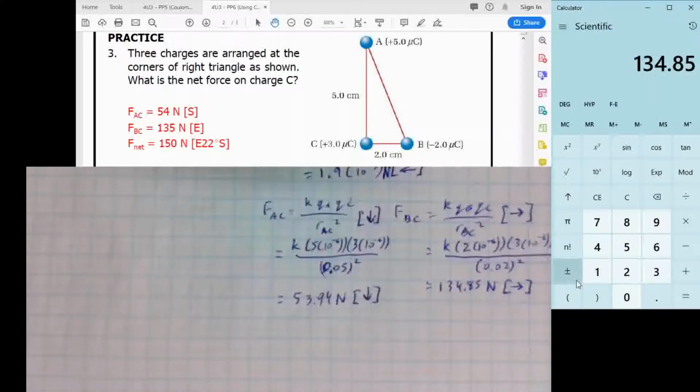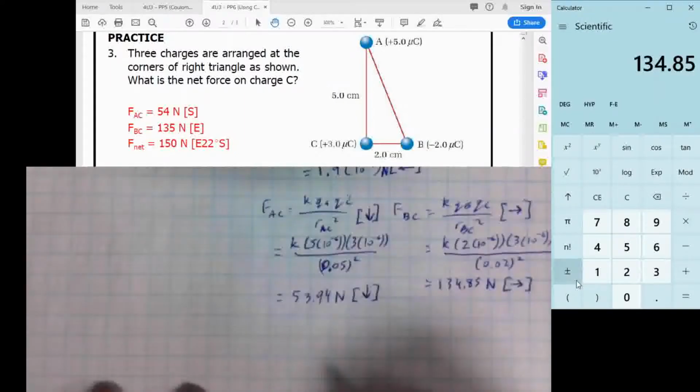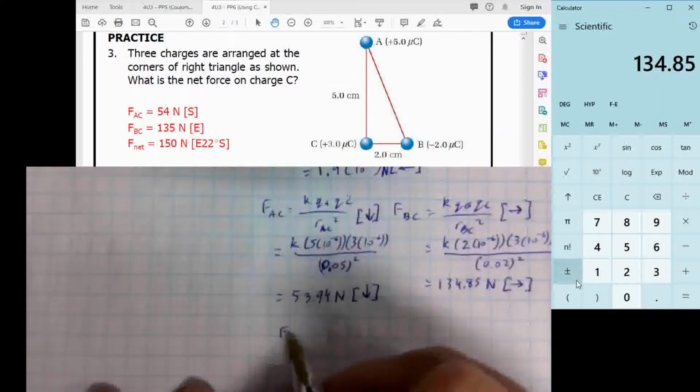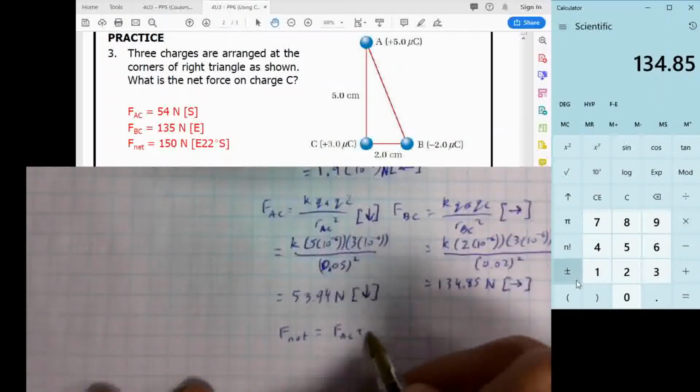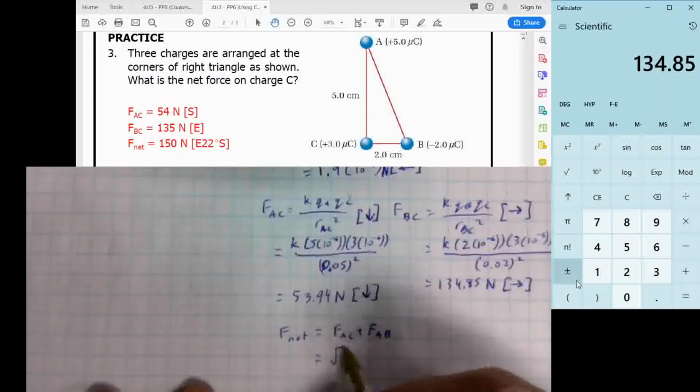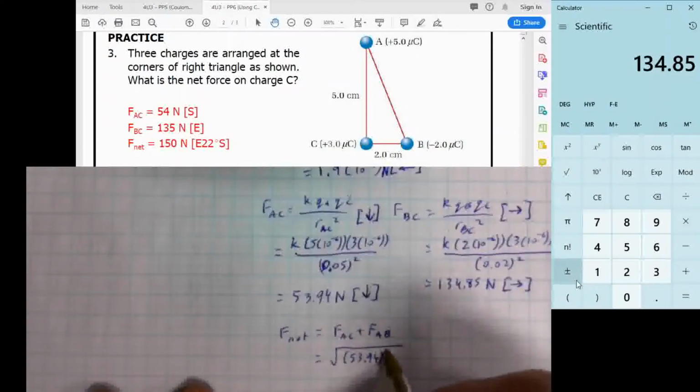So now I have to do a vector addition to find out what this value is. So F net is FAC plus FAB. It's the square root of 53.94 squared plus 134.85 squared.